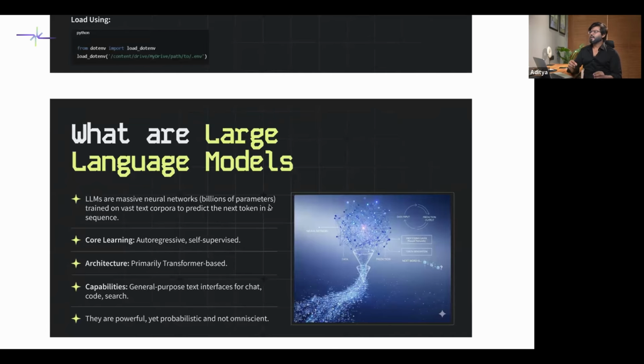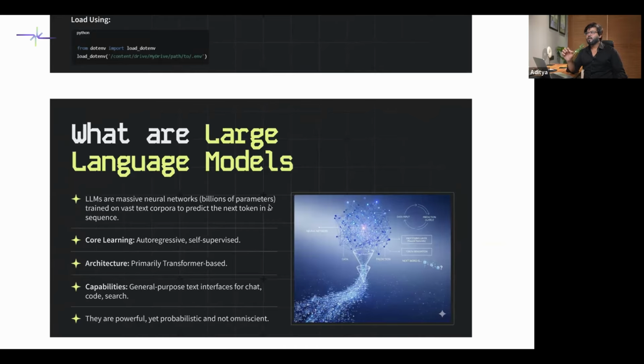Very simply put, an LLM is like a huge, I won't call it a large neural network, but I'm going to call it a huge neural network. It can have tens to hundreds of billions and now trillions of parameters, trained on a massive amount of text to predict the next word or token in a sequence.